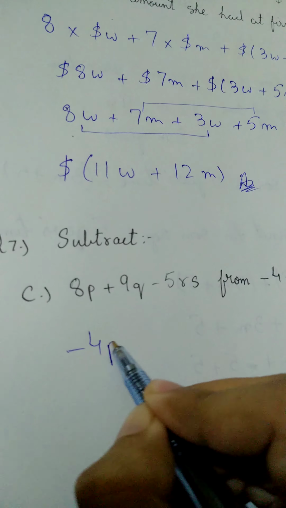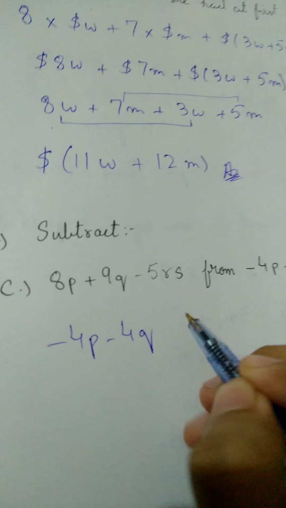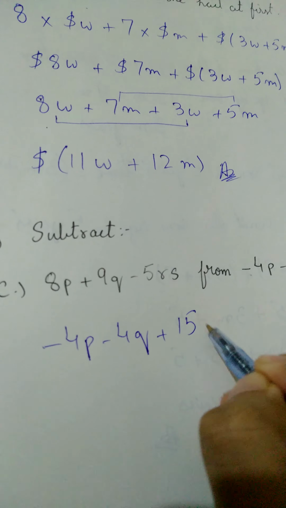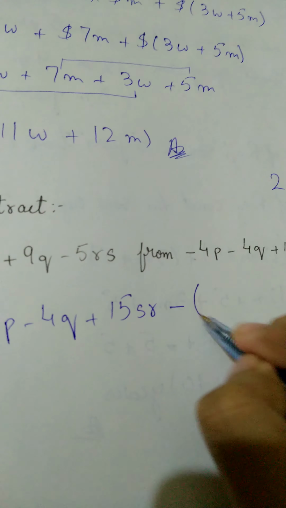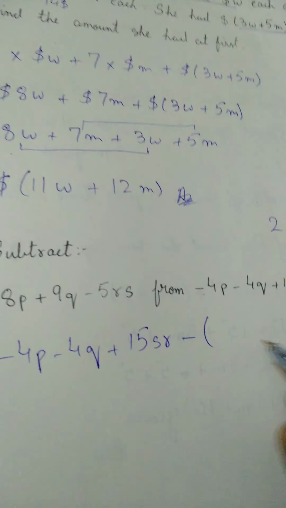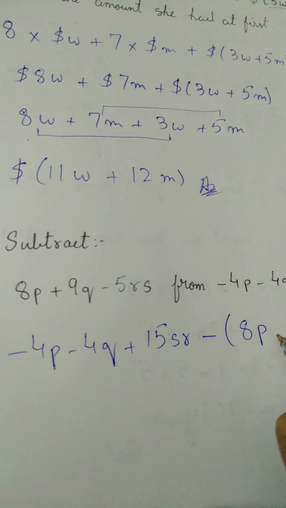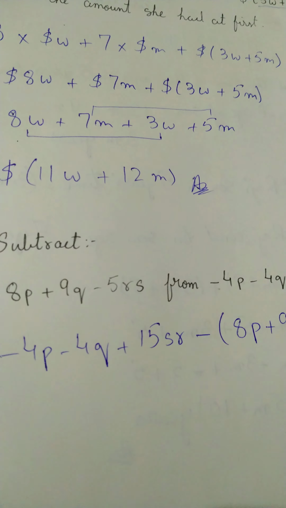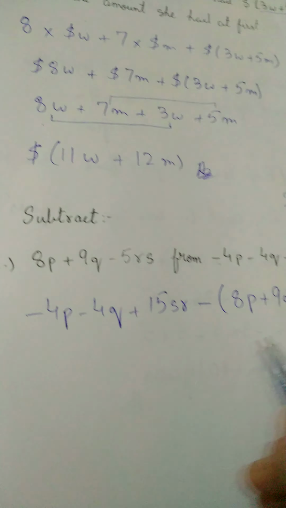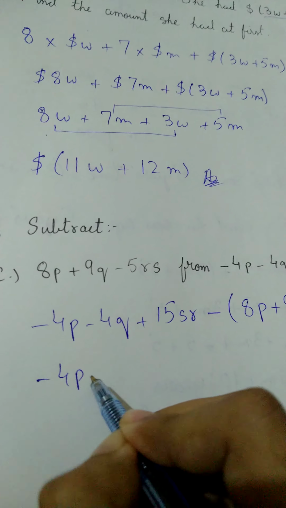So let's write this value first. Minus 4p minus 4q plus 15sr, minus, because you are subtracting, and then always put the bracket because there are multiple values here, 8p plus 9q minus 5rs. Now let's simplify them. I'm writing this value again.